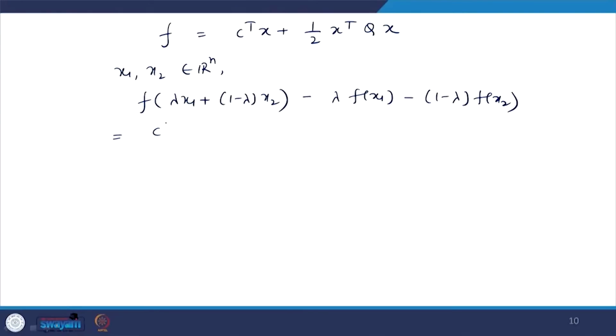Okay. Now let us quickly substitute all these values from the given f.